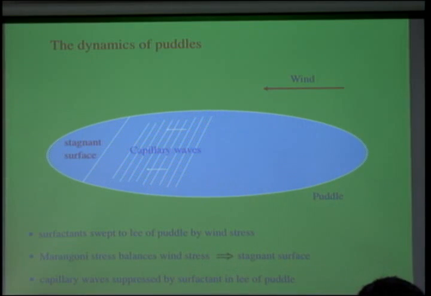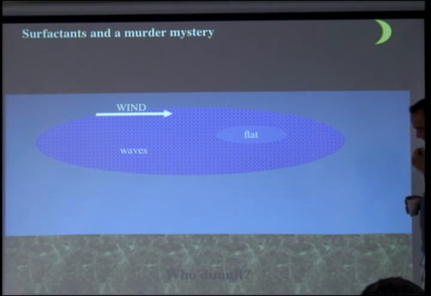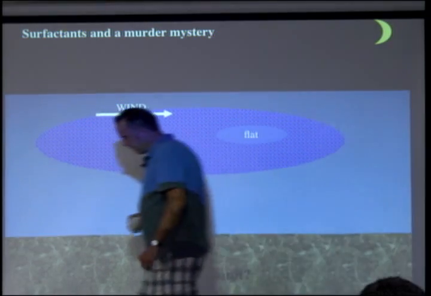Okay, so now we get a murder mystery. Okay, so here's the murder mystery. This was published about 2 centuries ago in Nature. I'll give you the story. So this is in the Caribbean.